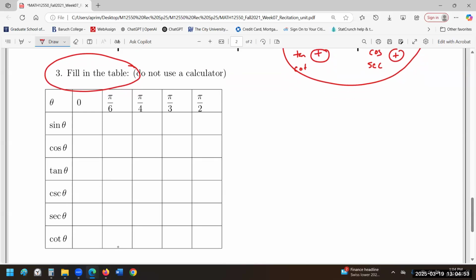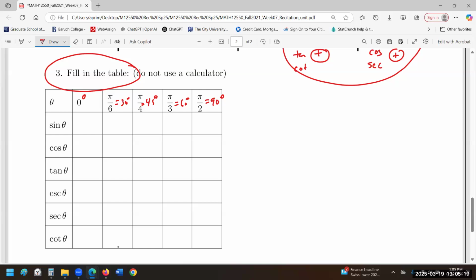So the second trick is to complete this table. So 0 degrees, this is 30 degrees, this is 45 degrees, this is 60 degrees, and this is 90 degrees. So this table is useful for these 5 angles, just like the first quadrant of the unit circle.